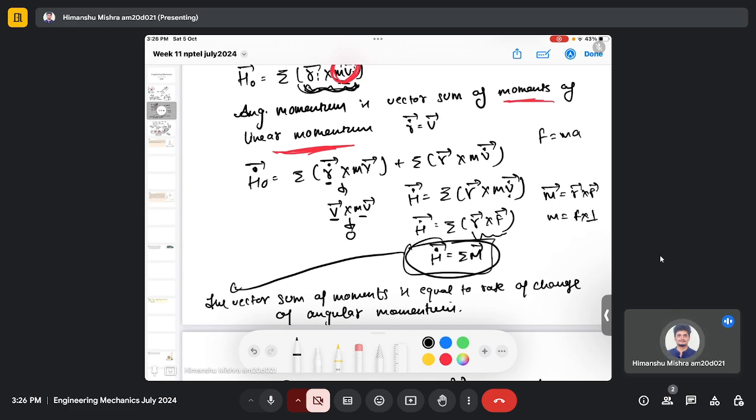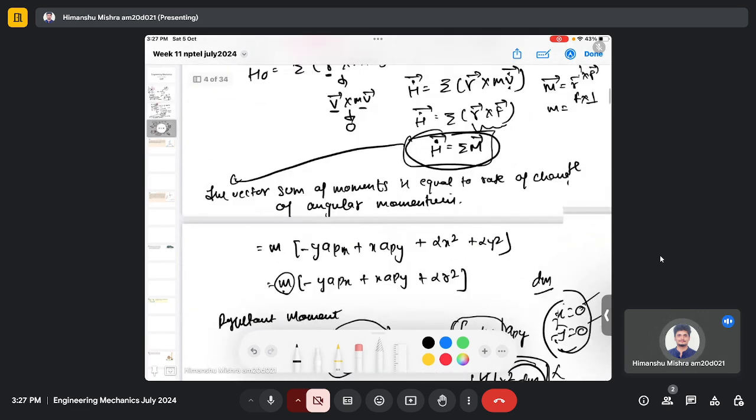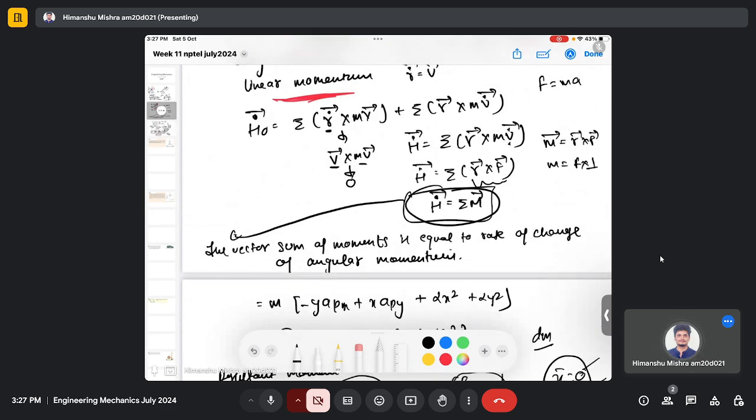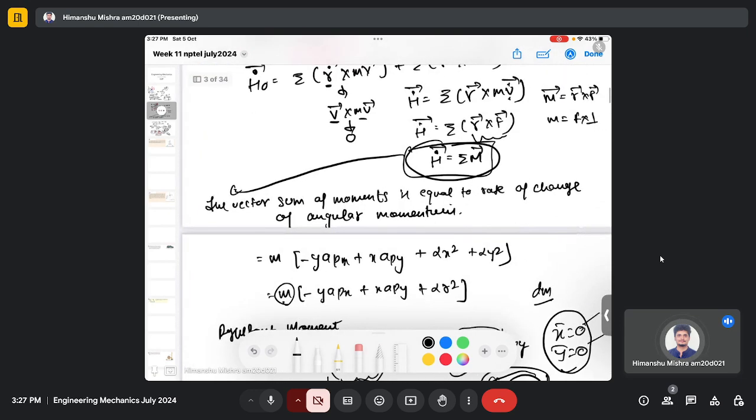And you can see this quantity is similar to the quantity we derived here. For the linear or translational motion, the rate of change of linear momentum equals the summation of force. And for the angular motion, the rate of change of angular momentum equals the summation of moments. So it's a similar concept here. For the linear motion, the rate of change of momentum is the summation of force. And for the rotational motion, the rate of change of angular momentum is the summation of moments.